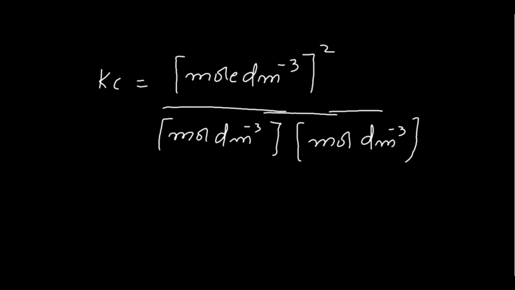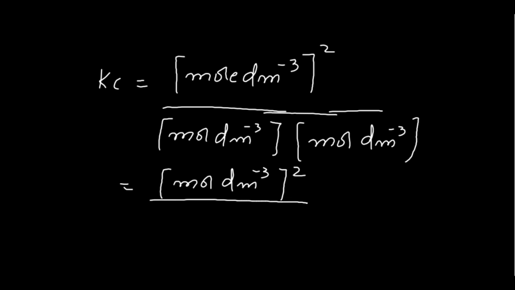All right students, now here we can notice Kc will be equivalent to mole per cubic decimeter raised to the power 2 over 1 plus 1 is equal to 2, that is mole per cubic decimeter raised to the power 2.